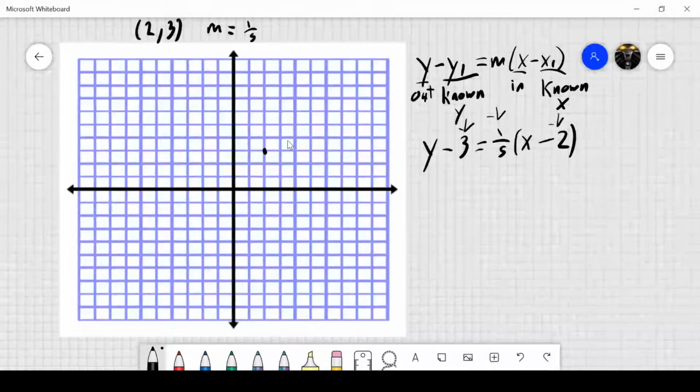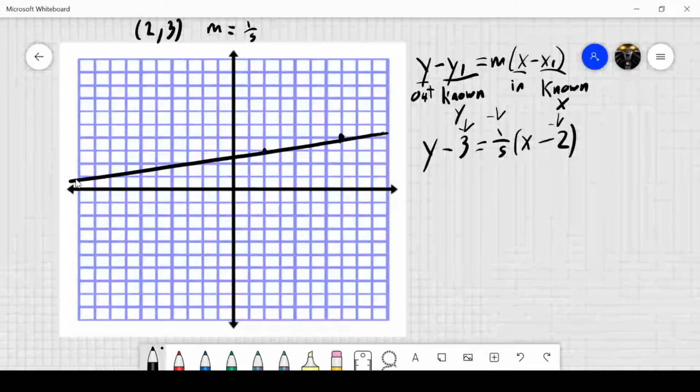And if all it was asking was for us to draw and graph the line, we could actually stop right here. There's the line, guys. It's done.